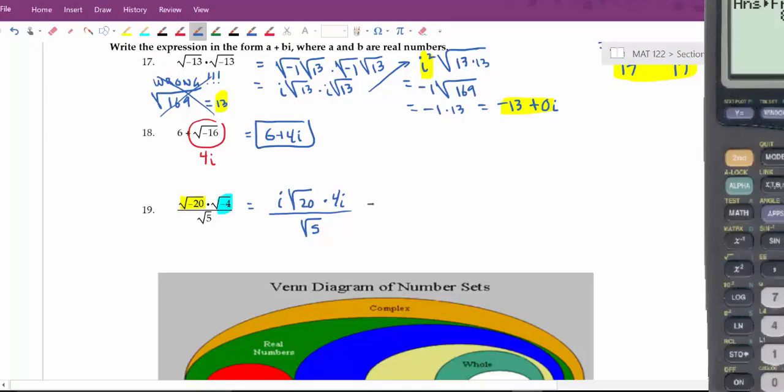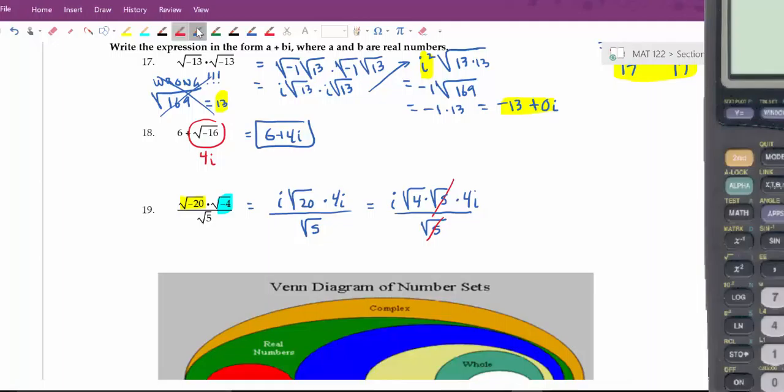Okay, now what I'm going to do is I'm going to break this up like this. I'm going to write this as i times the square root of 4 times square root of 5 times 4i over square root of 5. Okay, and then just kind of observe what's going on in the problem. So you could cancel out the square root of 5, so we don't have to worry about rationalizing anymore.